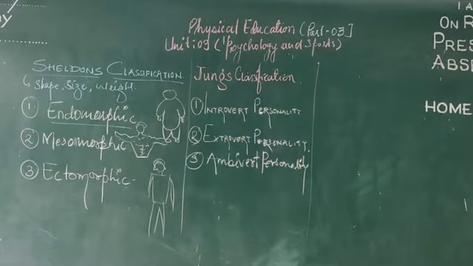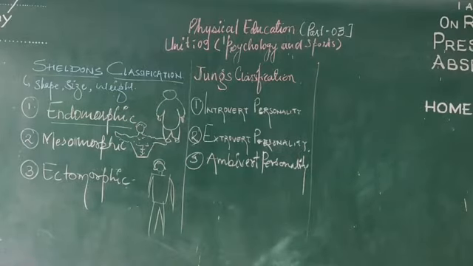Extrovert persons interact with the external world. They show interest in the present reality, then the future. They love to talk with people. Basically, they are very social in nature, courageous, and so many things, right?